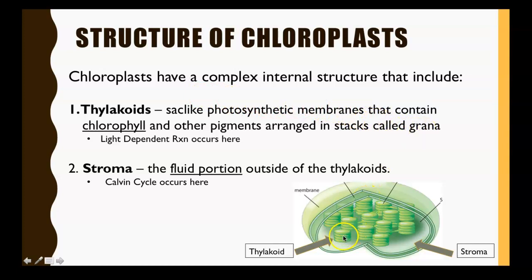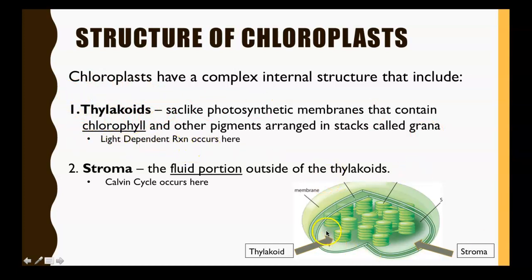So here's the thylakoid right here, just one single stack, okay, is your thylakoid. All right, the thylakoid contains chlorophyll, so inside these thylakoids are little green pigments. Now, if we take an entire stack of thylakoids, that is called a grana, okay? And the reason why I want to go over thylakoids is because this is where the light-dependent reaction occurs.